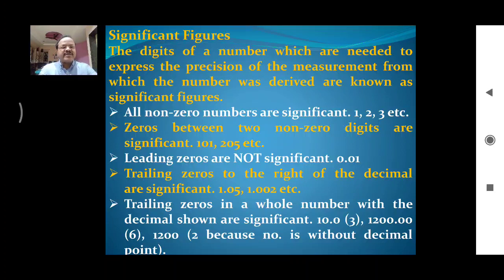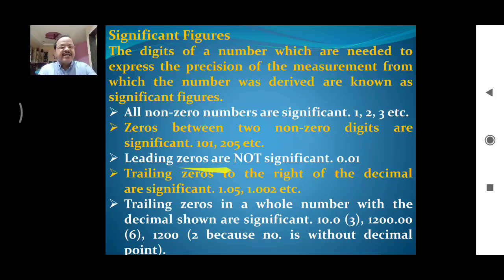Left side there is 1, right side there is 1, and in between these two ones there is a 0, and hence this 0 will be considered as a significant one. Similarly, 205, this 0 will be considered as significant.